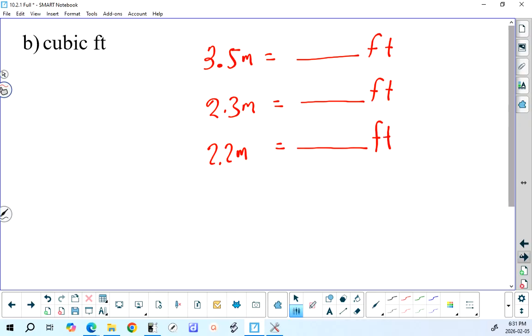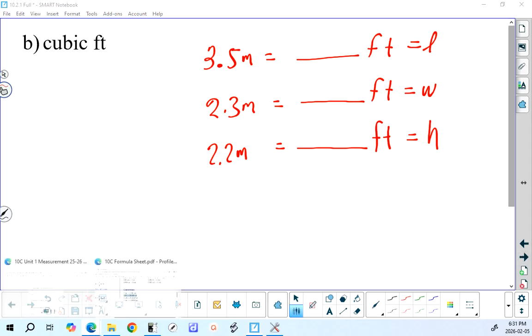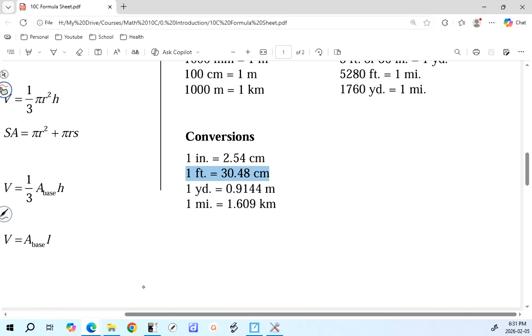And then take the length in feet times the width in feet times the height in feet. So how do we do that? Well, we look at our formula sheet. What are we told about meters and feet? We're back to that one that's still highlighted on my screen. 1 foot is 0.3048 meters. I know it doesn't say that, but if we move the decimal 2 to the left, 1 foot is 0.3048 meters.